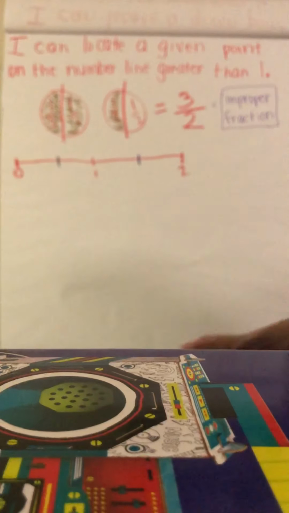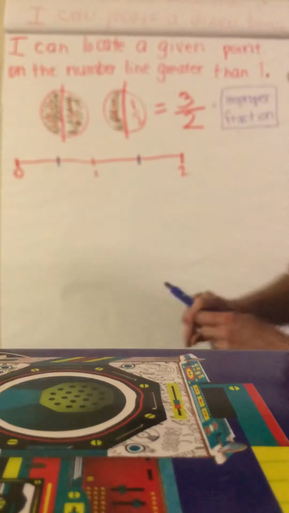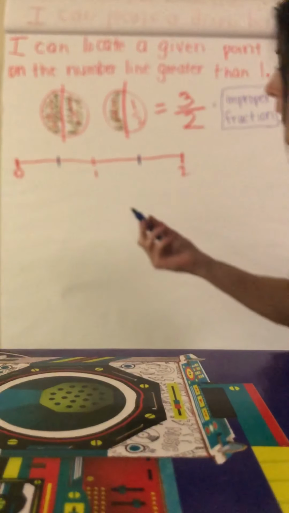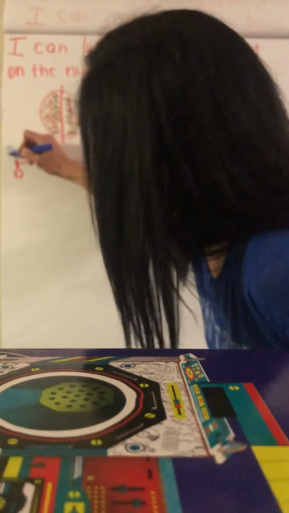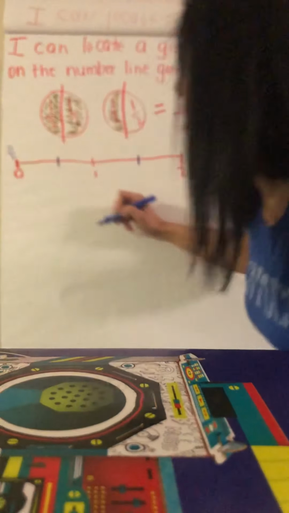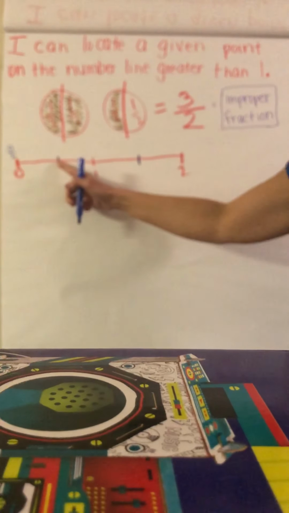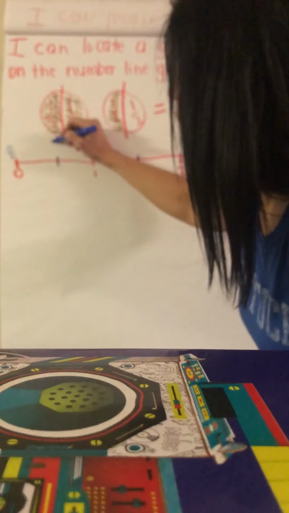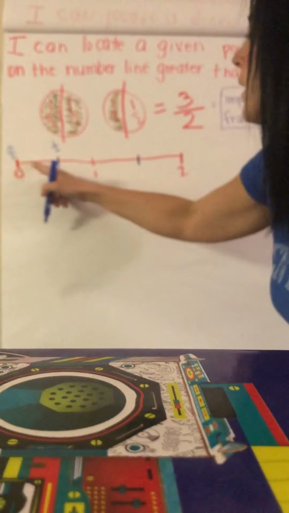So I can see when I have 0, I have nothing there. There are 0 halves. Okay, if I move over to my next hash mark, I have 1 half, and I can see there's 1.